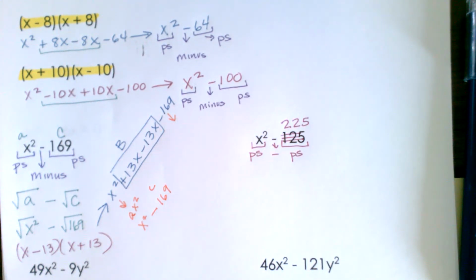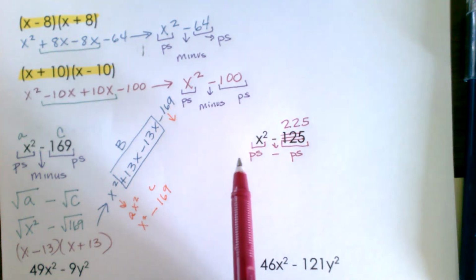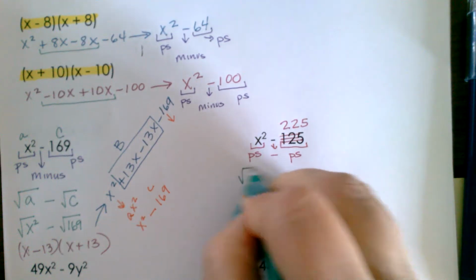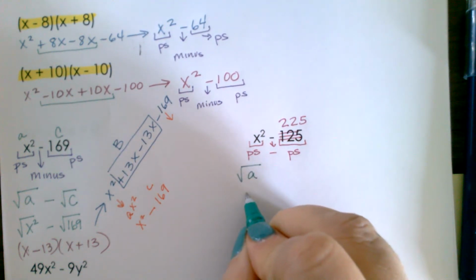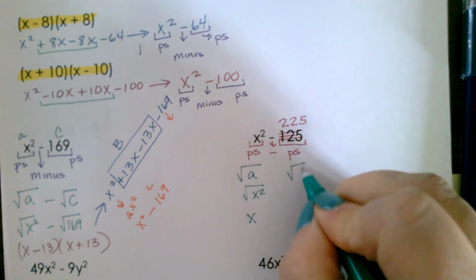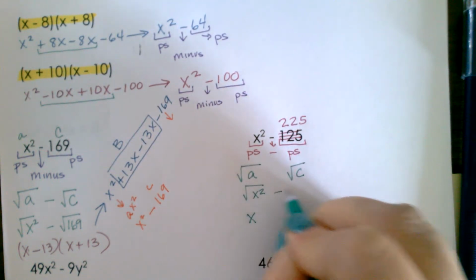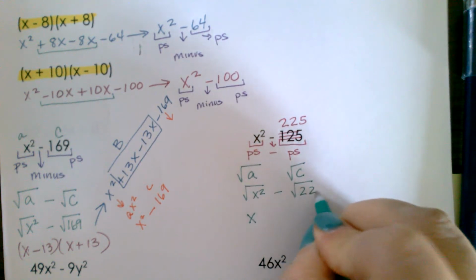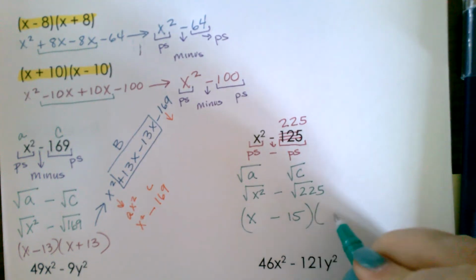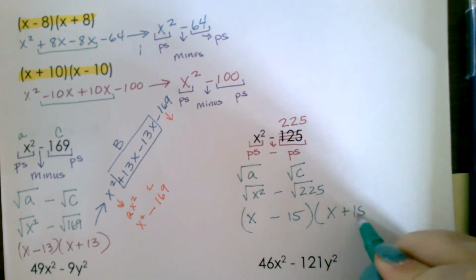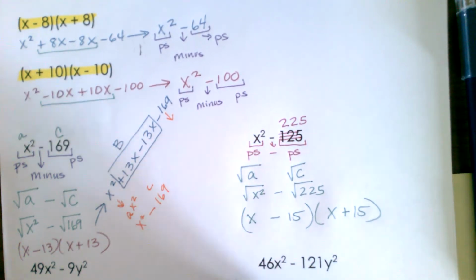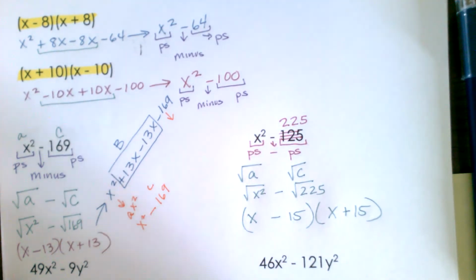So when I ask myself, is this a perfect square? Yes. Minus a perfect square without a typo? Yes. The square root of the a term is x. The square root of the c term is 15. And like I say, it doesn't matter if you write plus 15 first or minus 15 first. It really does not matter.